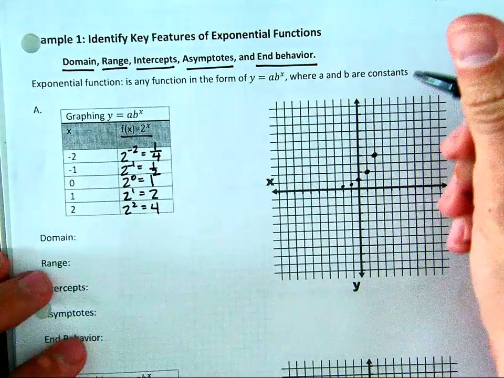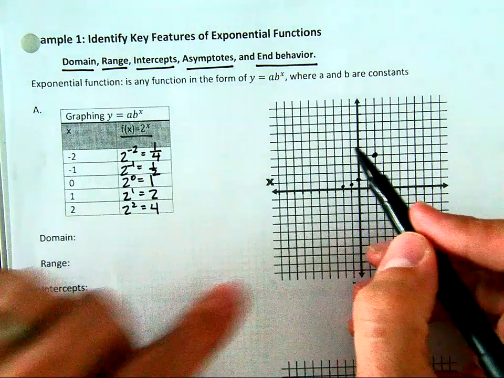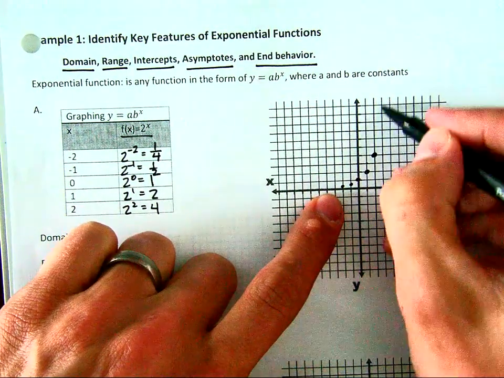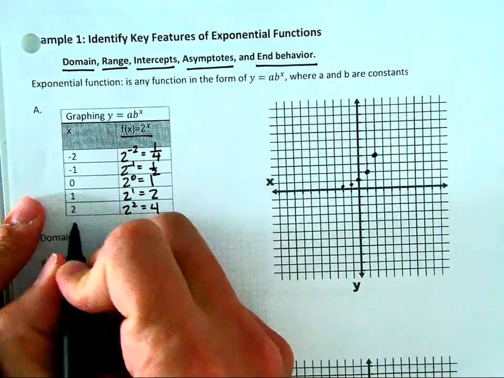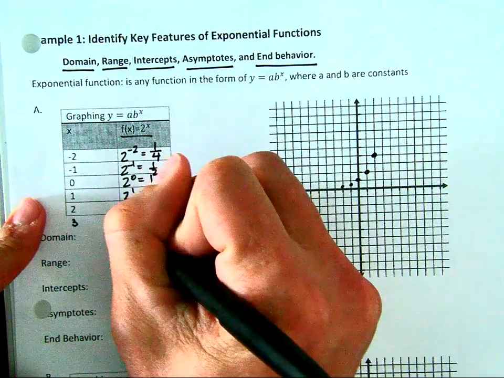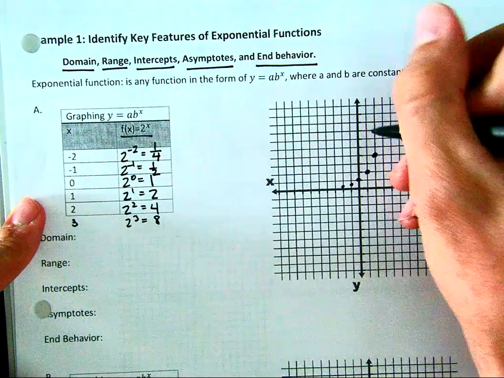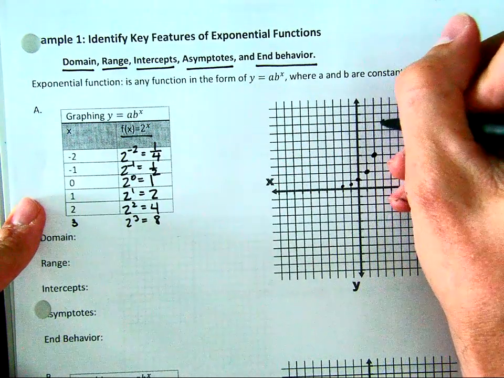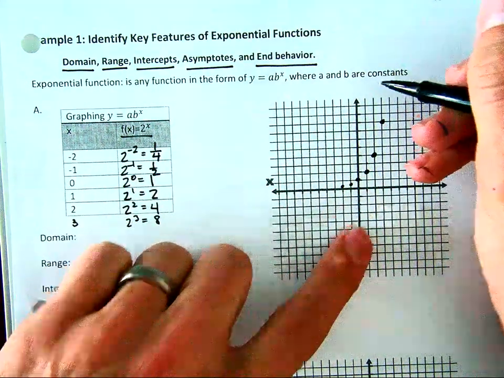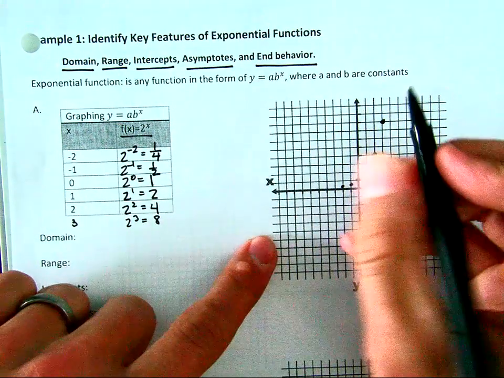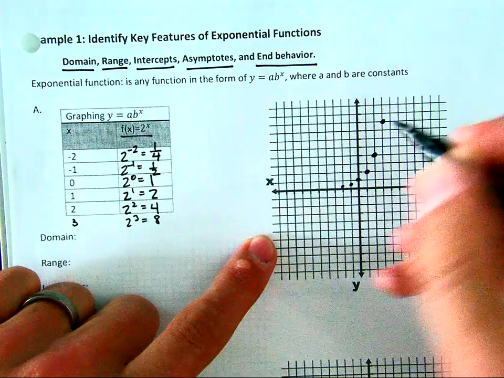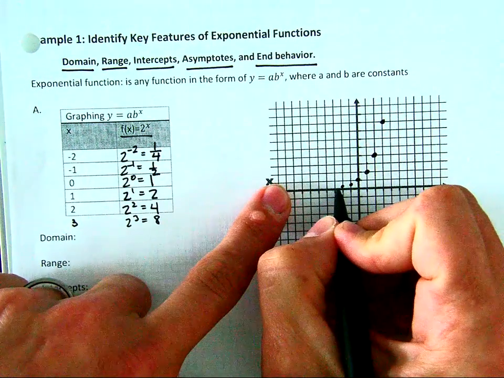All right, so these are a few points, and we can kind of see how this graph is going up, and it's going up steadily, right? And so we could put a few more points on here at 3, 2 to the third is 8. All right, we can see how essentially each of these numbers is going to double. But one of the key features of this is not only does it double as we go up, but as we go to the left, it's going to half.